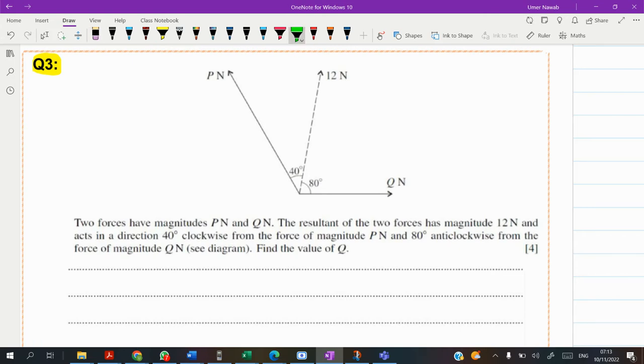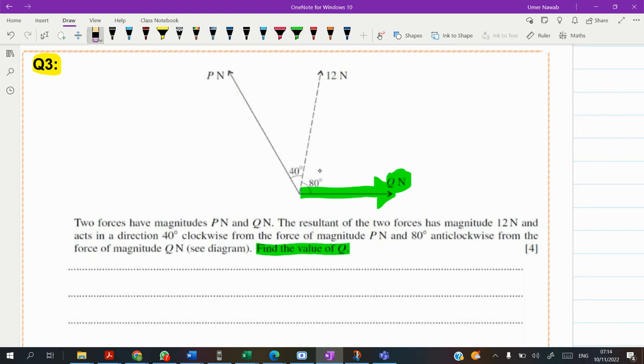What is required? The required thing is Q. We want to find what is the Q force. I can also ask you in the exam, for example, what is the P force? So both forces can be found.